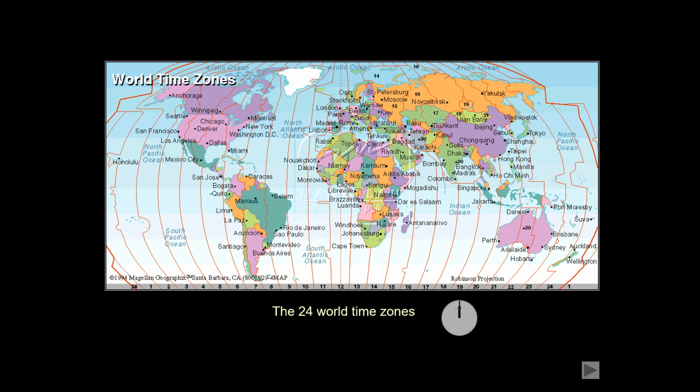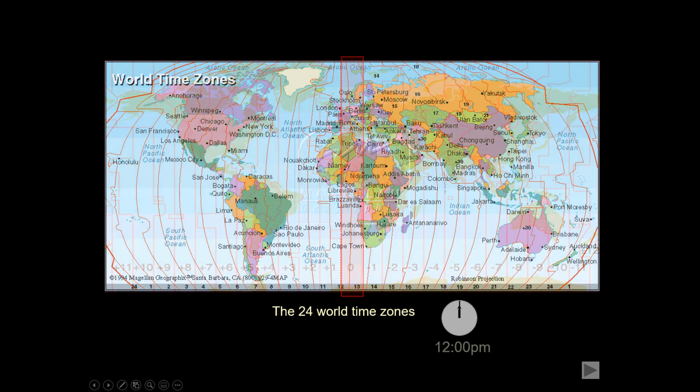Now, there are some countries that are so big that they're in multiple time zones, and Russia would be an example. Russia stretches across a whole lot of time zones. The U.S. has a number of time zones, and we'll talk about those in a second. There are a few countries that don't recognize anything but one time zone. So China made the decision to have everybody, even though the country's pretty big, in one time zone.